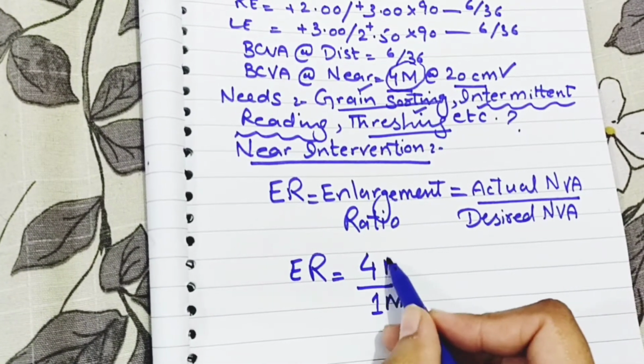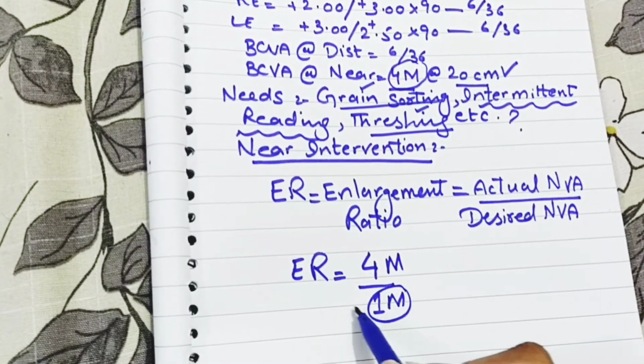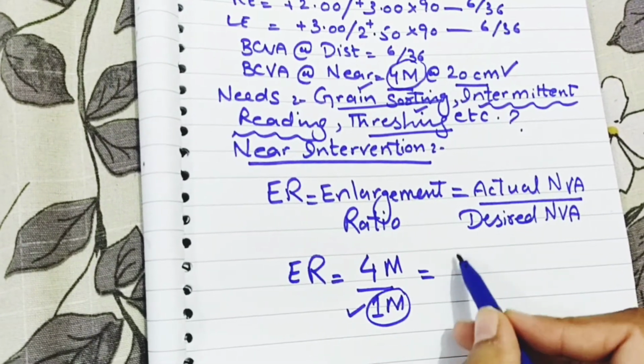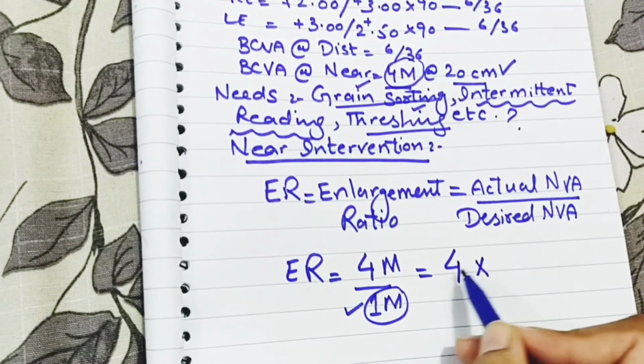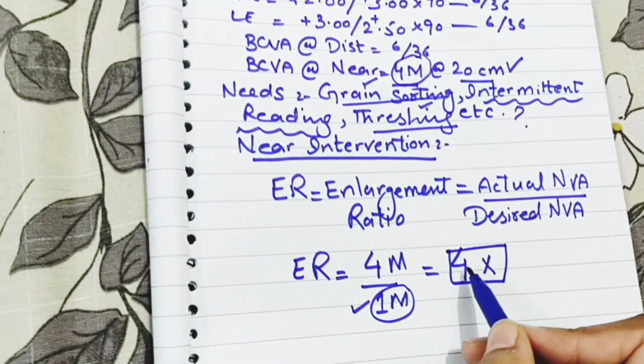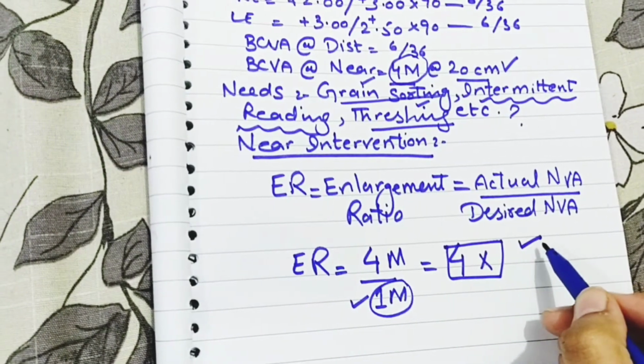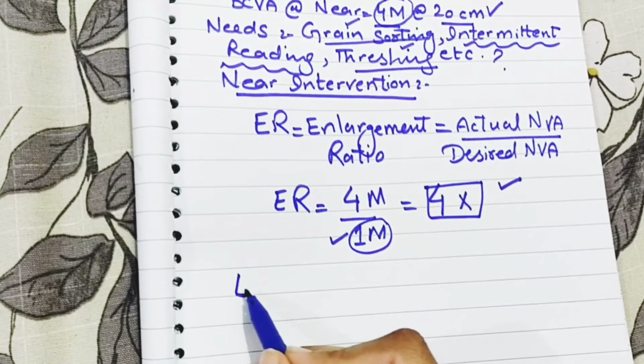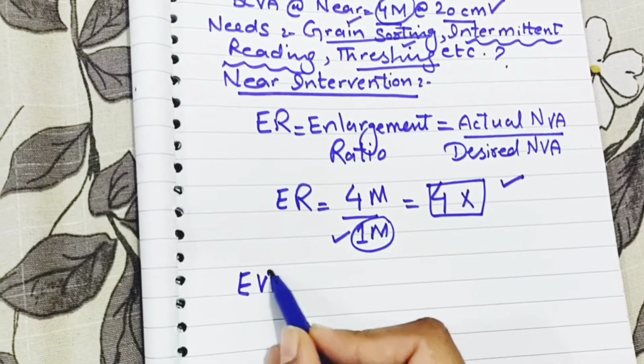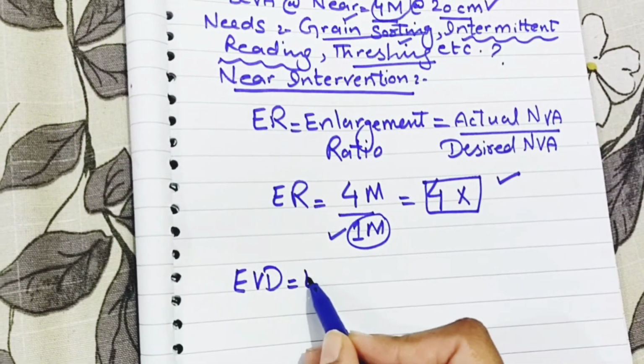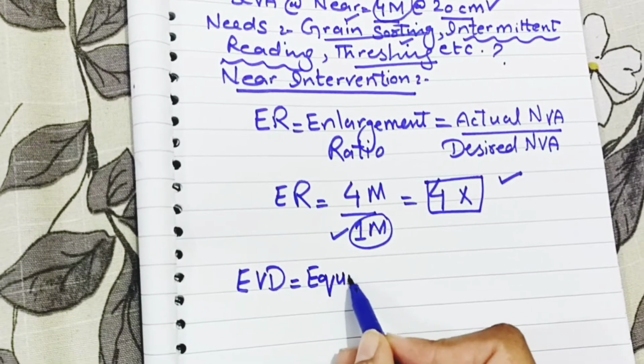This 1 metric is the standard target that we want. So 4x is the enlargement ratio. Whenever we are not given the value of desired near visual acuity, the standard near visual acuity is 1 metric.